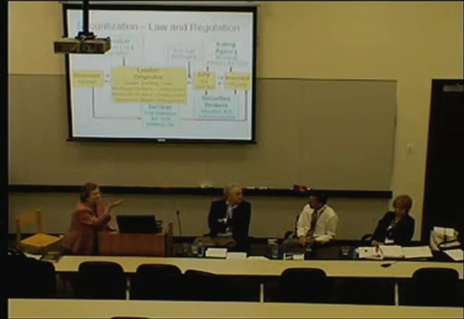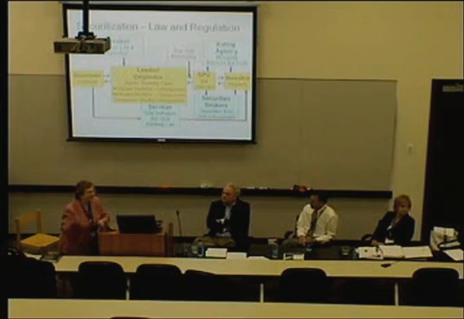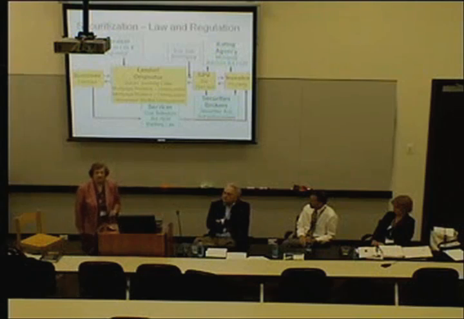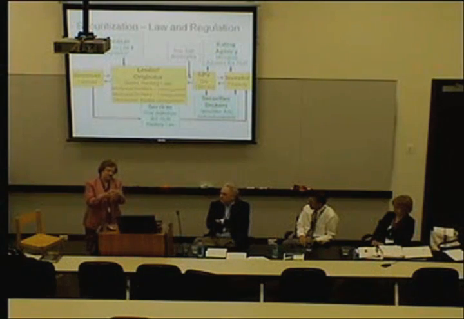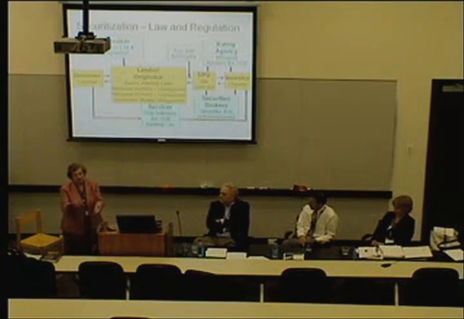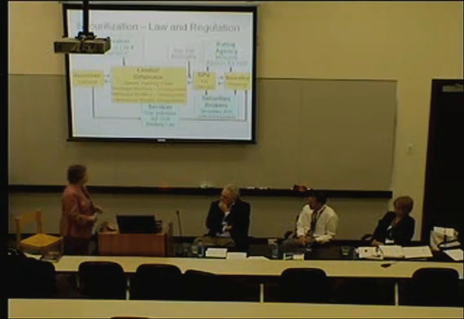What happened next? You had an SPV of an SPV of an SPV of an SPV. At the end, you didn't know what you had, and as a matter of fact, you had nothing, because what was taken into these SPVs was not merely an entire value of the portfolio, but the most risky part of the portfolio.